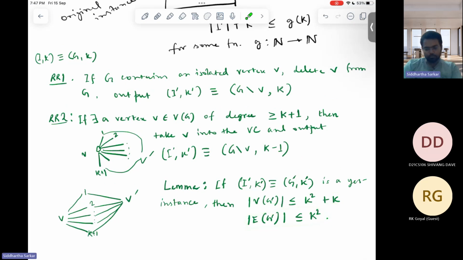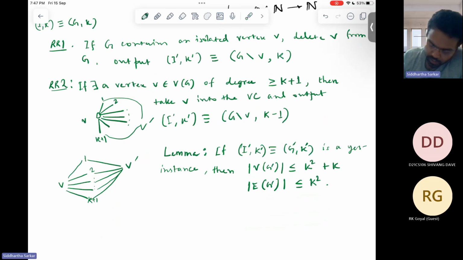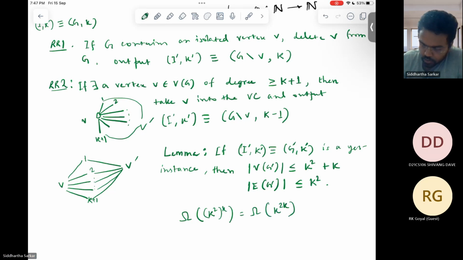If you apply the same brute force algorithm, the running time will be n to the power k, where n is order k square, so k square to the power k, which is k to the power 2k. So even with the brute force algorithm, you are not spending as much time as n to the power k. You are spared from the dependence on n. That is the use of kernelization.